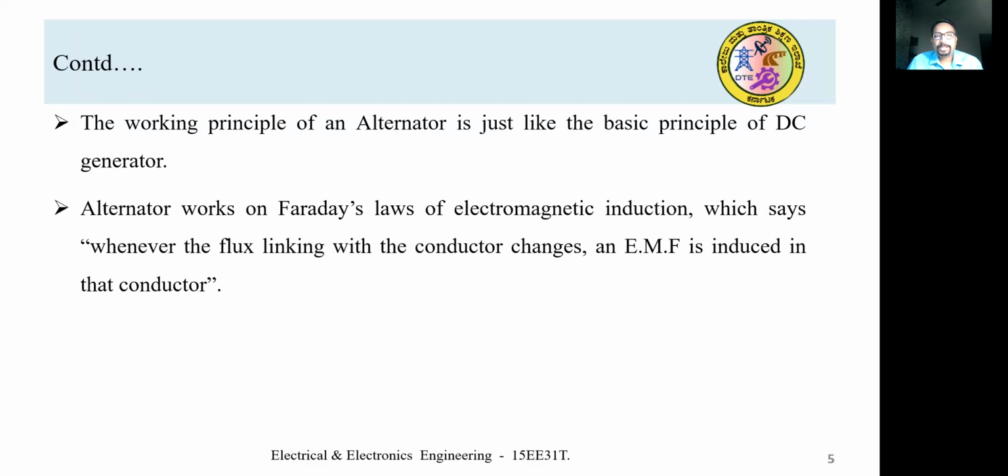As I told you, alternator also works on Faraday's laws of electromagnetic induction. What is Faraday's law? Whenever the flux linking with the conductor changes, an EMF is induced in that conductor. That means when there is a flux linkage change with the conductor, an EMF is induced in the conductor.